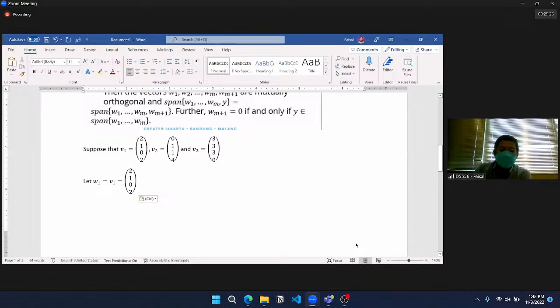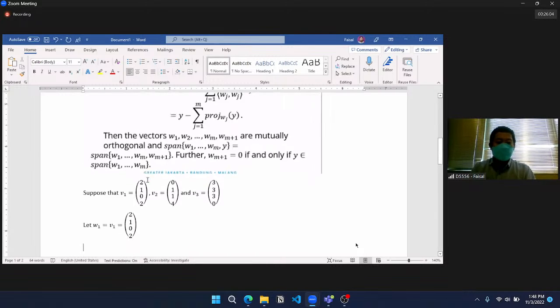Because we only have one vector, the set of one vector is automatically orthogonal. And then what is W2?